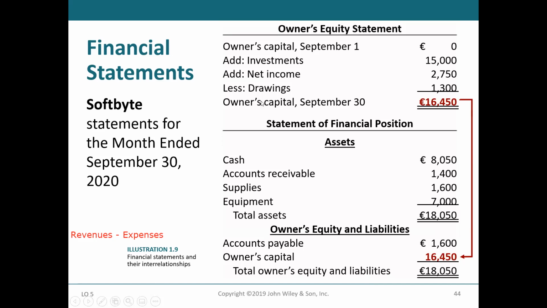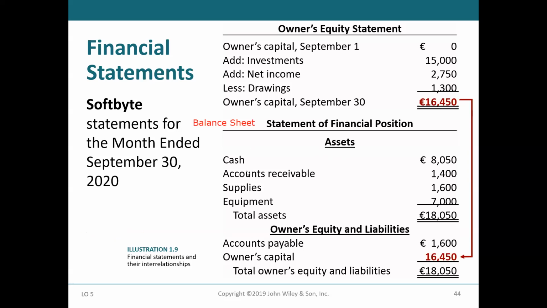After we get the owner's capital at the end, then we need to prepare the statement of financial position. The statement of financial position is also called the balance sheet. The balance sheet shows the equality of assets and owner's equity plus liabilities.